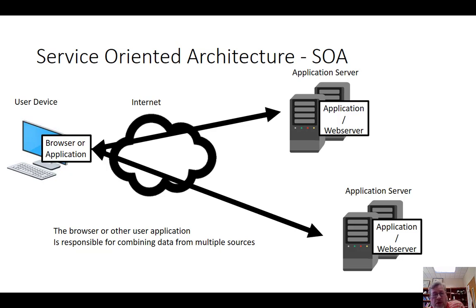And what we do is put more of the intelligence out there on the user device. Could be an app on a cell phone, for example. If you use your app on Wi-Fi, it's still going to use HTTP.